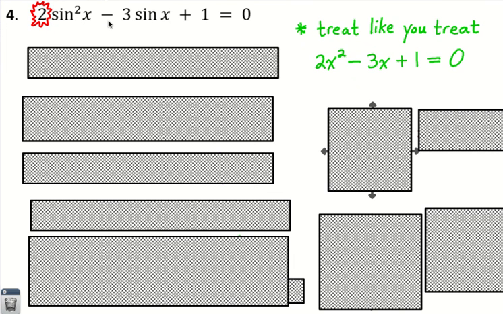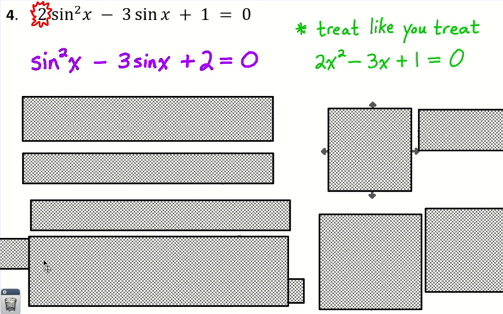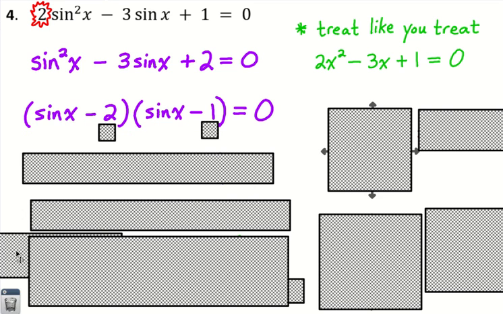So that 2 is the Phoenix, and as we go through the steps of the Phoenix method for factoring, we multiply the 2 to the other end, right? We multiply the 2 to the 1. And now we can unfoil a bit easier.